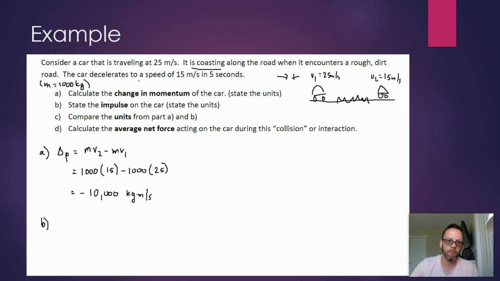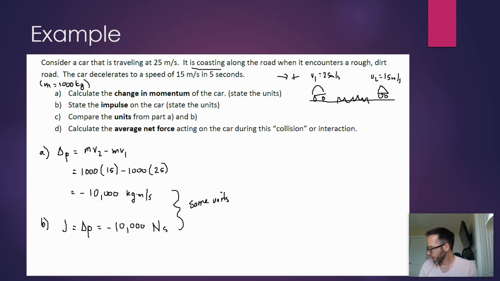Remember, impulse is change in momentum, right? So impulse is equal to the change in momentum. So it's not a trick question. The impulse is also minus 10,000. But the units for impulse, thinking of it as F times t, are minus 10,000 newton seconds. And these are the same units. They are equivalent. So that's what I was getting at there.